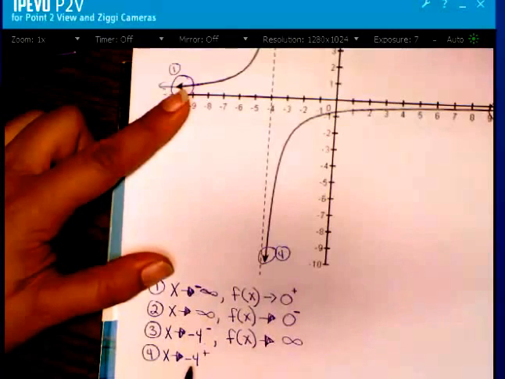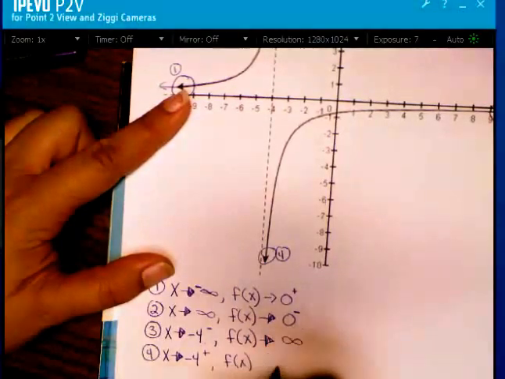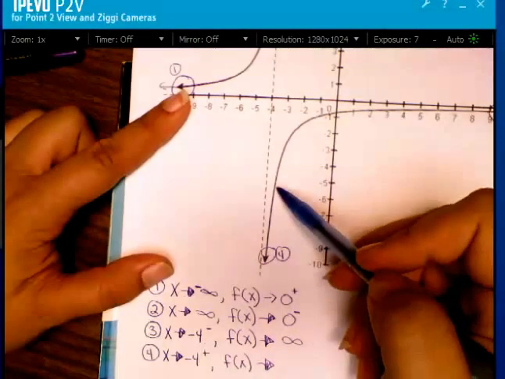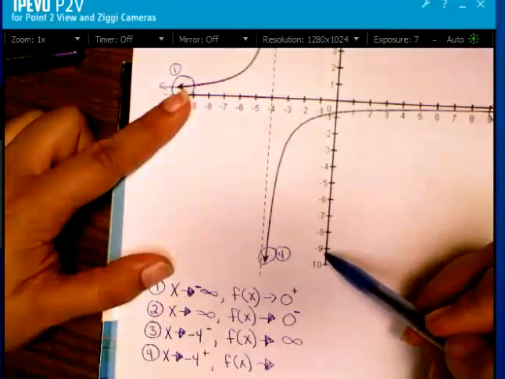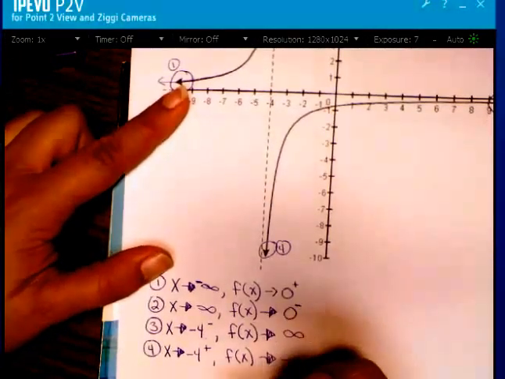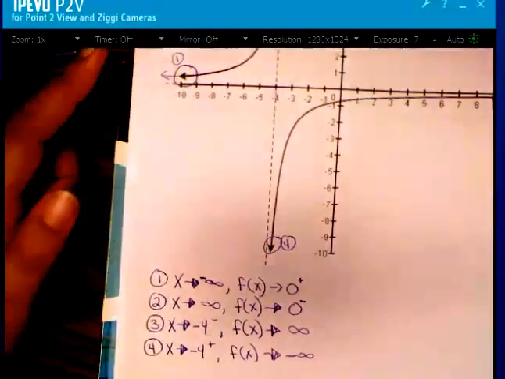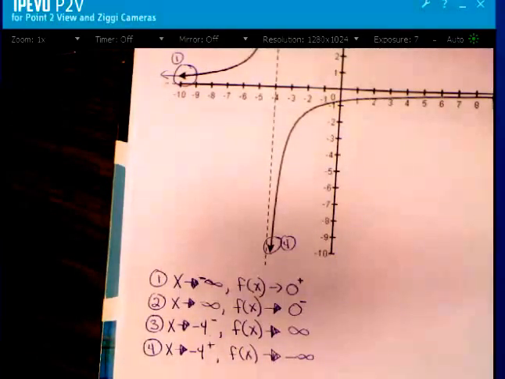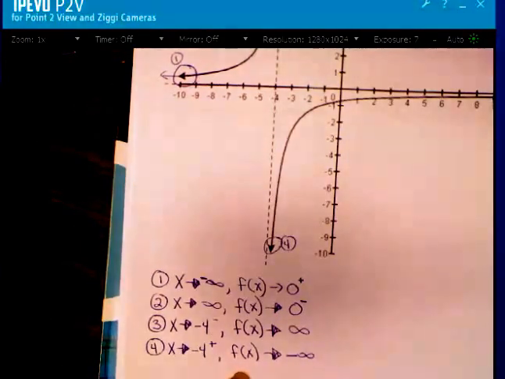So we're going to write that as x approaches -4 from the right. Then f of x, meaning the outputs, as we follow this function, the y values are getting smaller and smaller. They're getting more negative. So then we say this is approaching -infinity.